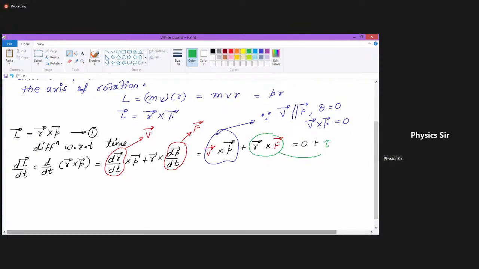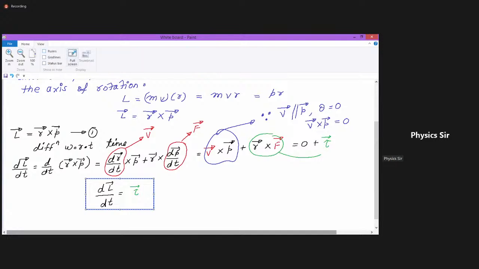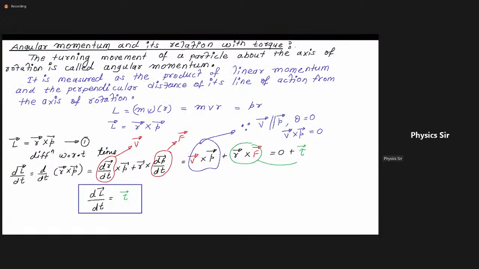Therefore, I can write dL by dt is equal to the torque. This is the relation between the angular momentum and the torque.